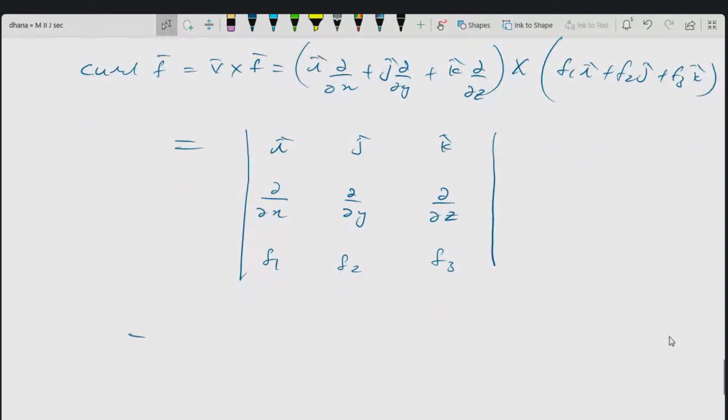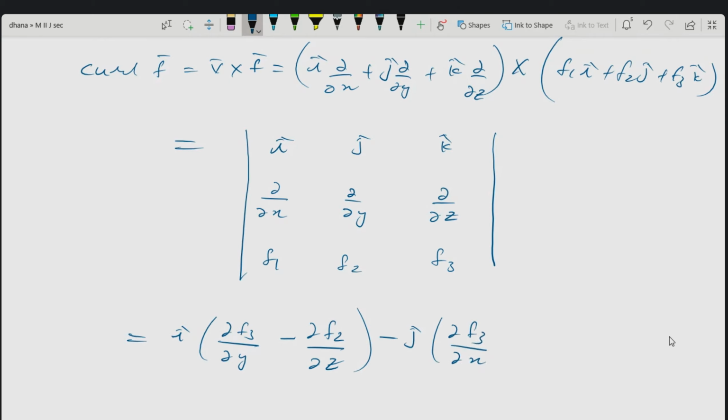Okay, so i cap as it is. Now you solve this determinant. So when you solve this determinant for i cap, you will get dou f3 by dou y minus dou f2 by dou z. Okay, then again put a minus sign. Since I have put a minus sign, in perfect order I'll take dou f3 by dou x minus dou f1 by dou z.